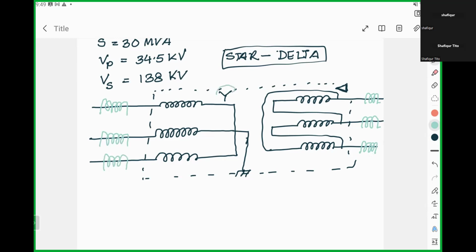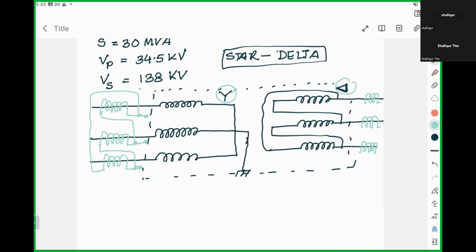Now this one is delta connected, star connected, so the CT on this side has to be delta connected. I'm extending this terminal to be connected with the differential protection, and then I will connect in delta. And this one will come back to here, and this one is delta connected.